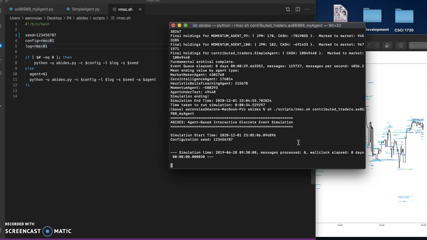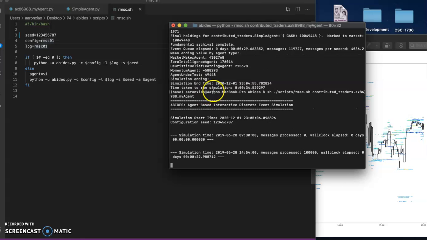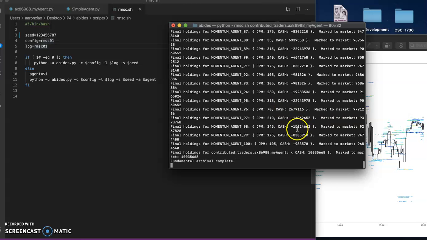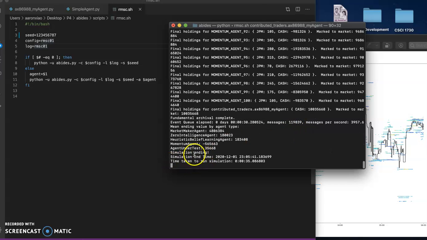And then for my agent in this case, I recall that yielding around $300-ish, which is under the amount that was yielded by the simple agent. And yeah, I think it's $356.68. So for this seed, it didn't outperform the simple agent.